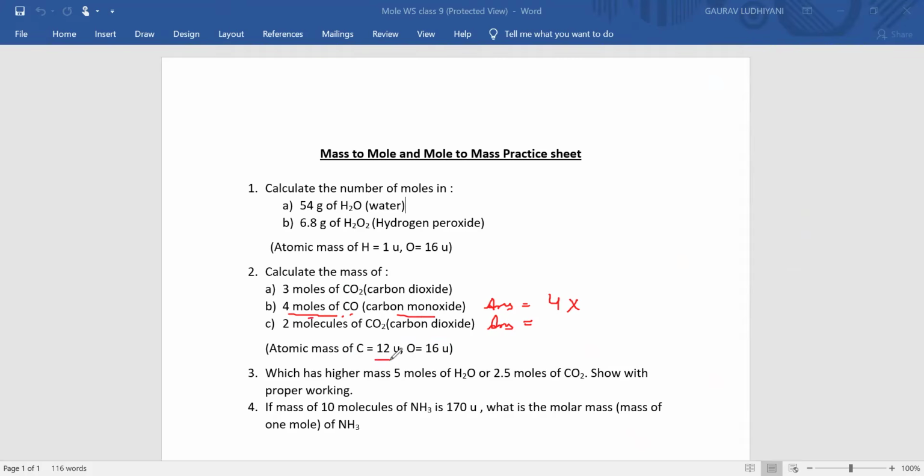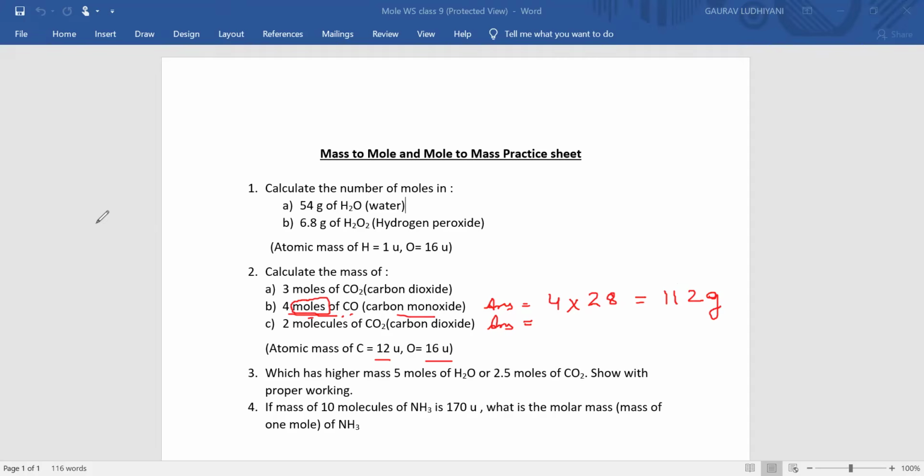Mass of 1 mole you can easily calculate, 12 plus 16, that is 28. So the answer will come out to be 112 grams, because you were dealing in moles.